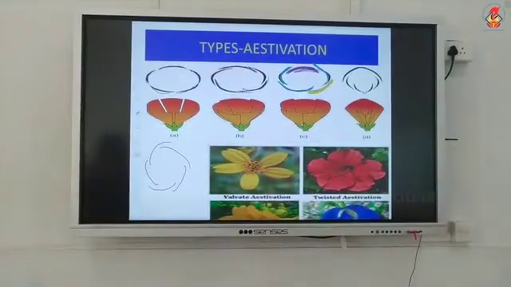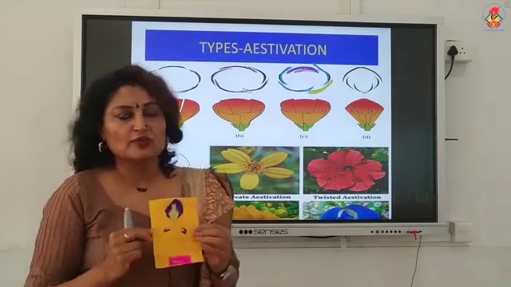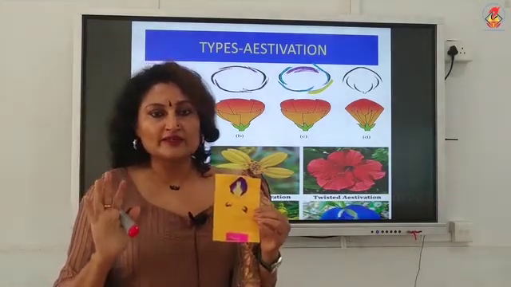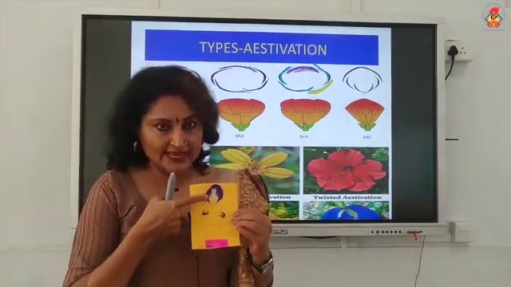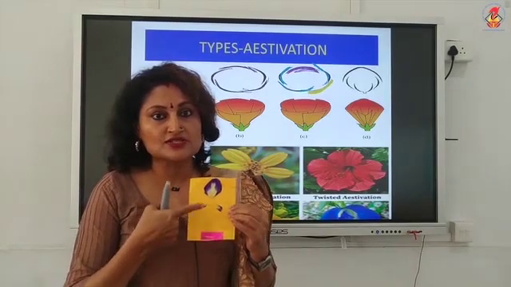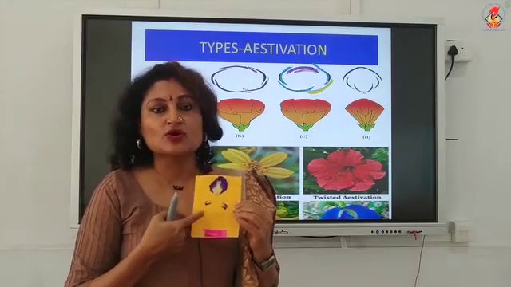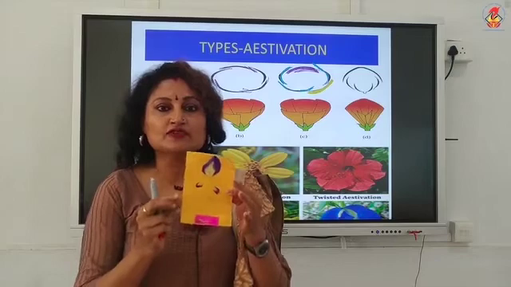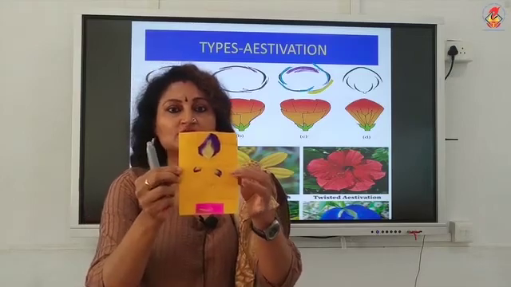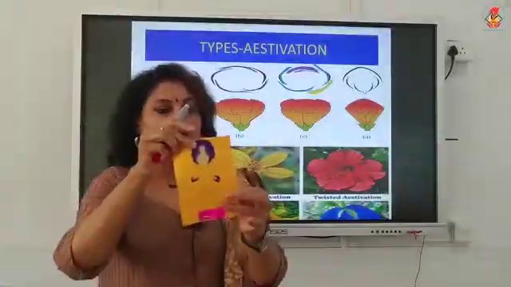So that is vexillary aestivation. What is vexillary aestivation? When we dissect, you have 5 petals. One is the standard, then the standard overlaps 2 lateral petals called the wings, and the wings overlap the white petals called the keel, and the 2 keels are fused. I hope you have understood. When we dissect, you will understand more. Clear? This is vexillary aestivation.